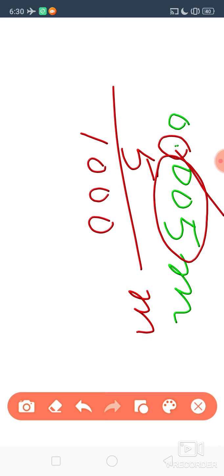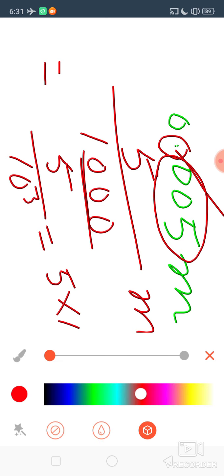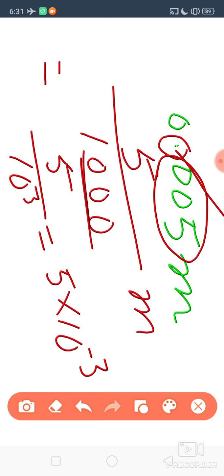Now 1000 we can write as 10 to the power 3, because 3 zeros are there. So 5 by 10 to the power 3 we can write as 5 into 10 to the power minus 3. How does it become minus 3?